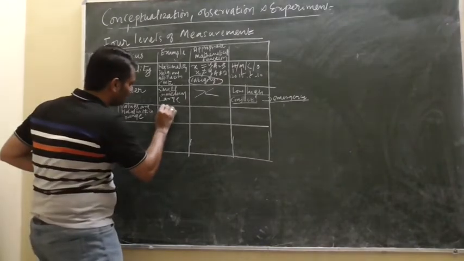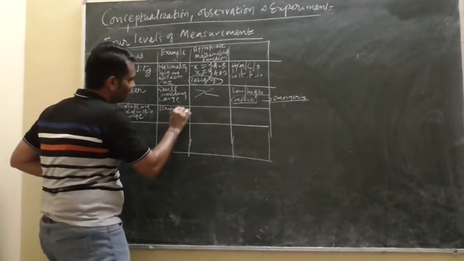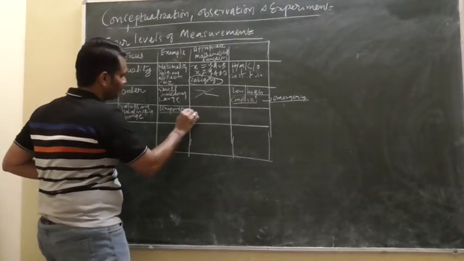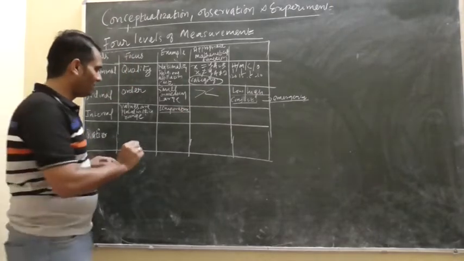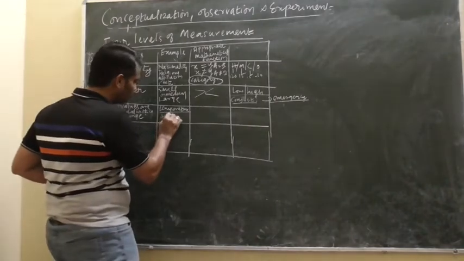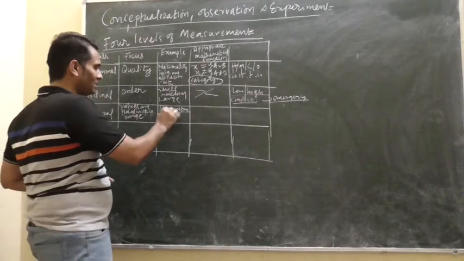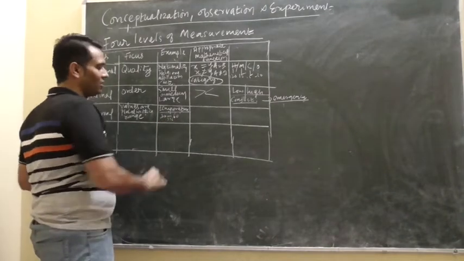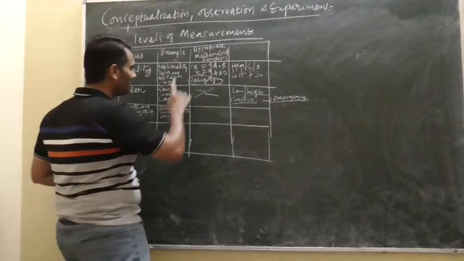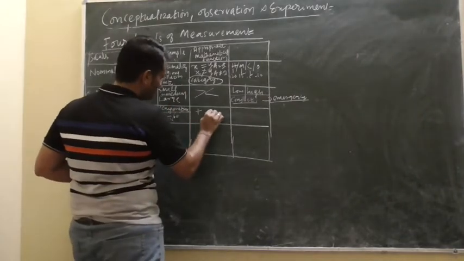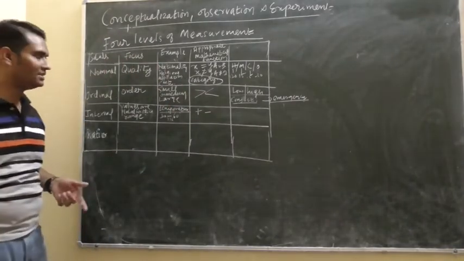In terms of temperature, this is a very good example. Given a range between 30 degrees Celsius and 60 degrees Celsius, you will be able to say that the temperature is 37.6 or 36.5.